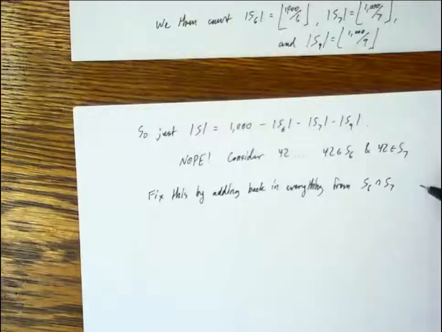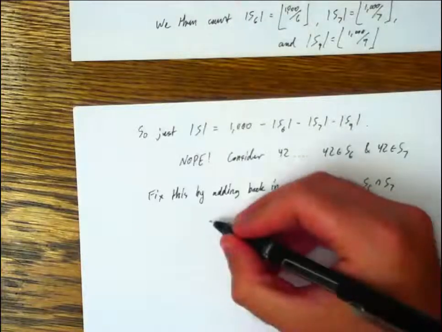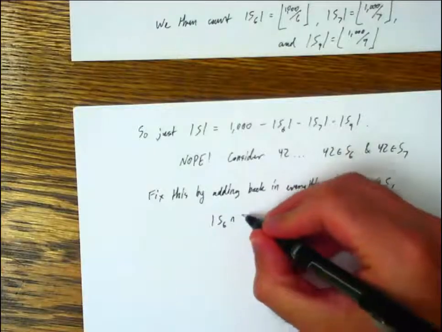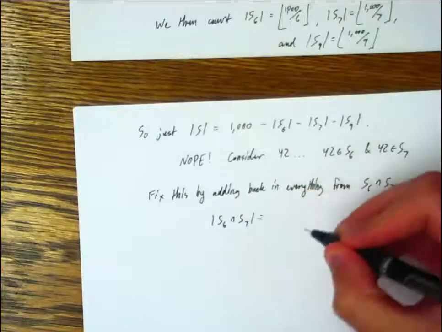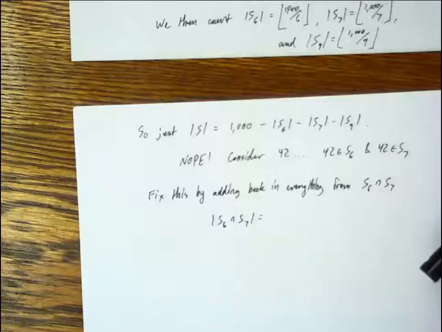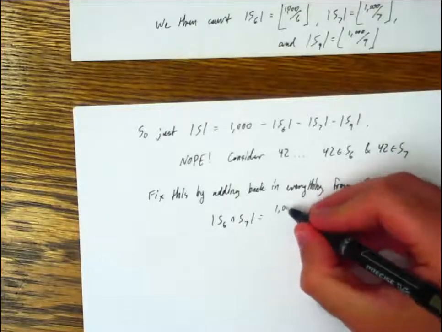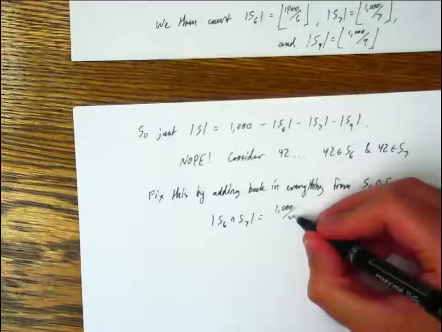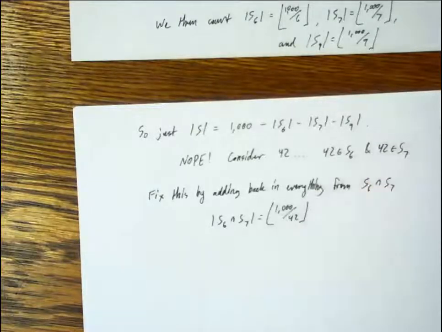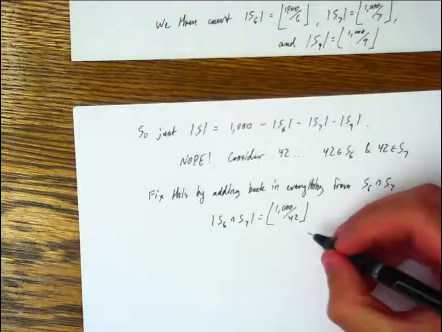So the way that we're going to do this, we count S6 intersect S7. Their least common multiple is 42, so they're going to overlap on skipping by 42. So there's the floor of 1,000 divided by 42.